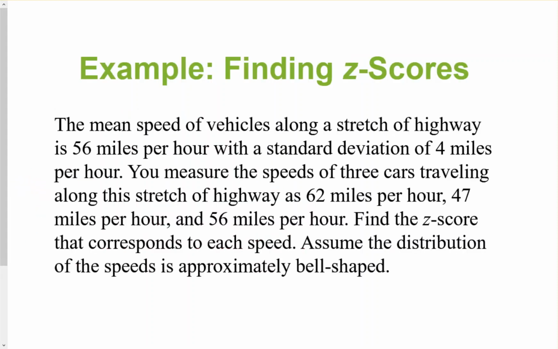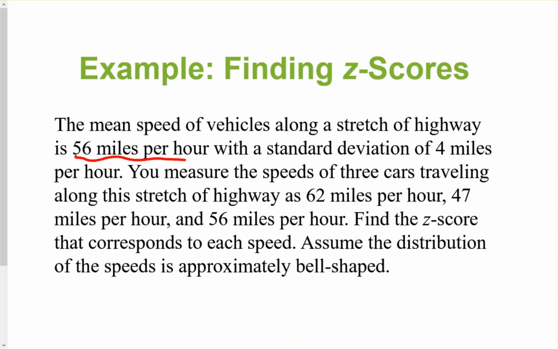Okay, example. The mean speed of vehicles along a stretch of highway is 56 miles per hour, with a standard deviation of 4 miles per hour.